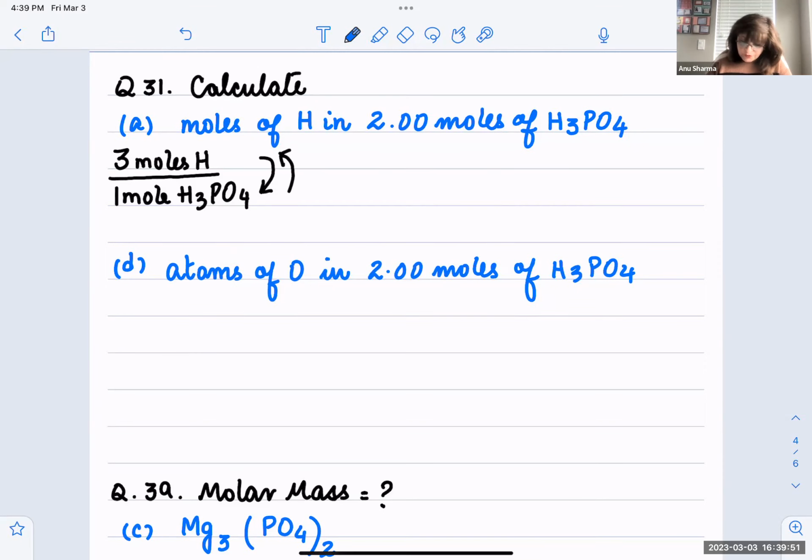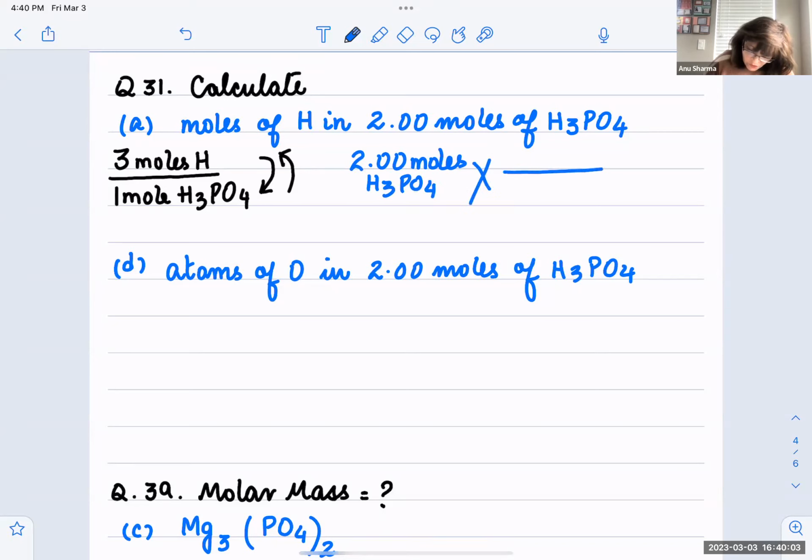But you are going to use the conversion factor that allows you to cancel out the moles of H3PO4. So write down the given. The given is 2.00 moles of H3PO4. Multiply by, we need to find the moles of hydrogen. So in 1 mole of H3PO4, we have 3 moles of hydrogen.